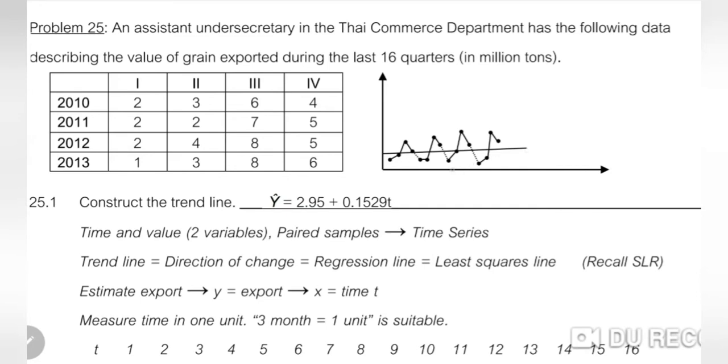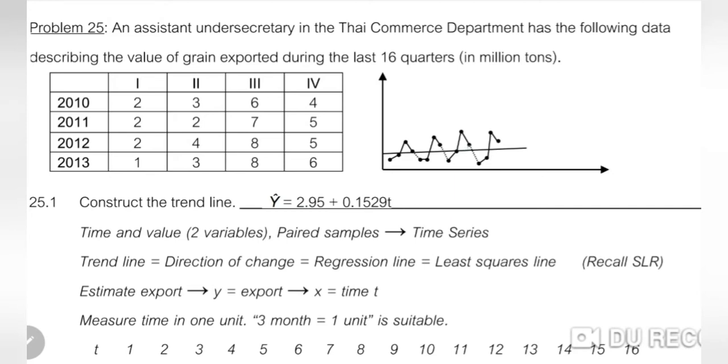Therefore, if you use this straight line to estimate, let's check. The estimated value is on the line. Quarter 1 actual value is always below the line. Quarter 2 is close to the line. Quarter 3 is usually above the line.